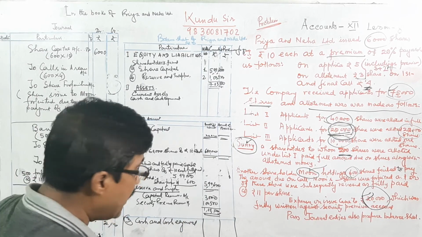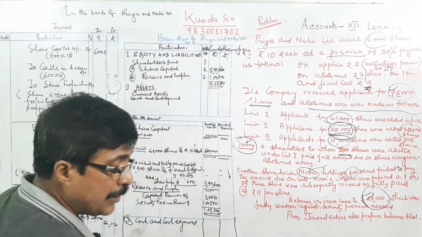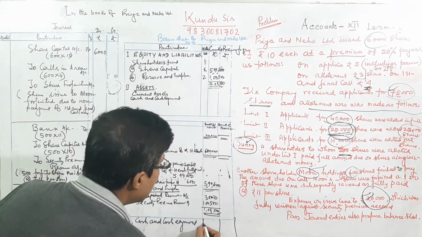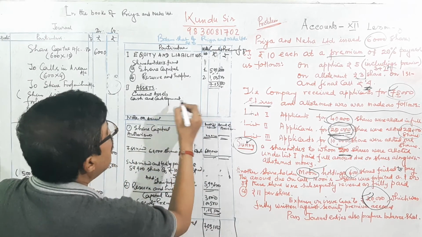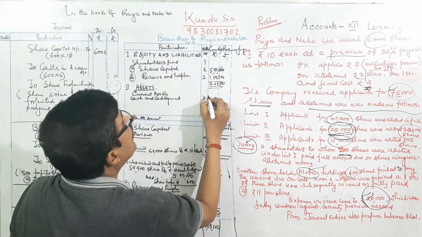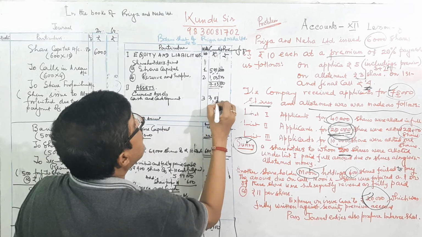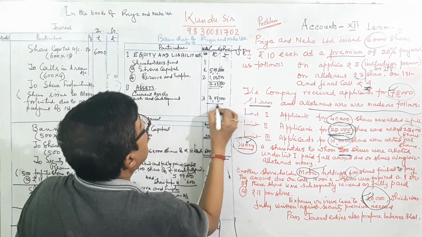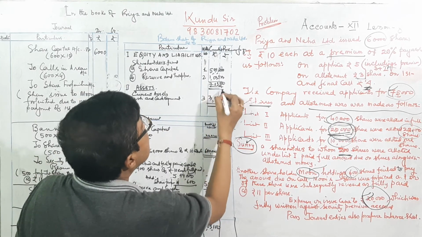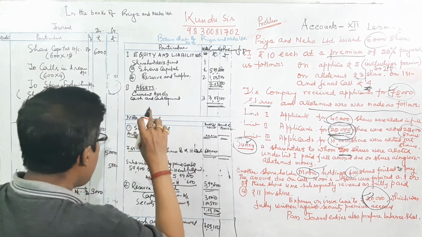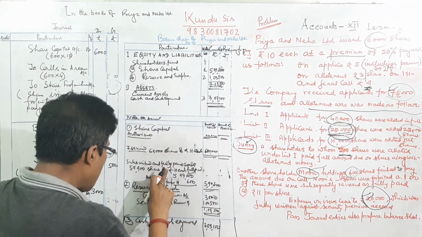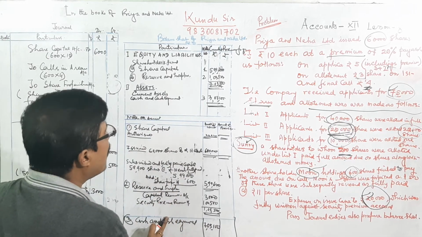It is cash and bank amounting to 7,03,100. Under note number 3 we write 7,03,100. It is assets, it is liabilities, note of accounts 1, 2, and 3.